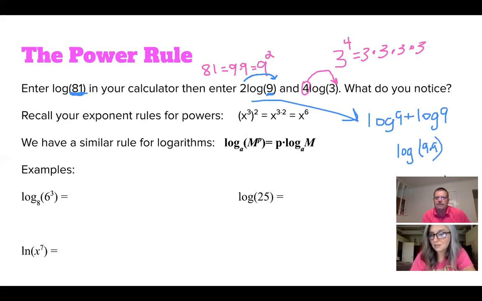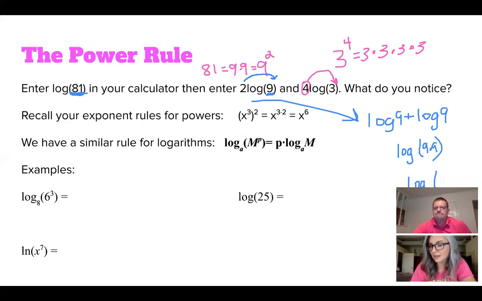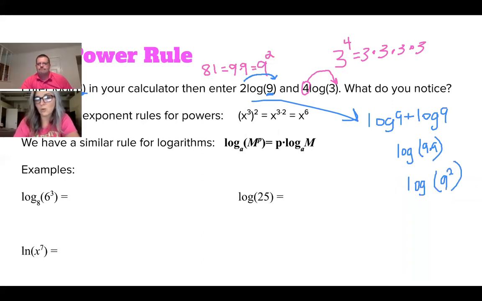You absolutely can. And so then that becomes log of 9 squared. So what is actually happening with this number out front is it's telling you how many times you're adding up the log, which is actually multiplication, and repeated multiplication is actually an exponent. So I've got 3 rules and I can use them interchangeably, however I want to use them.